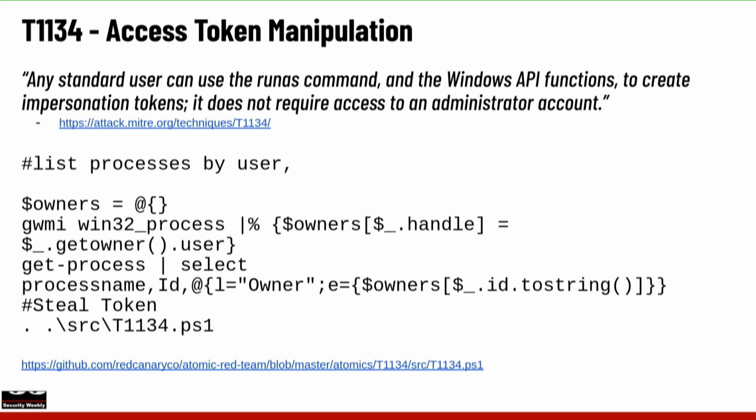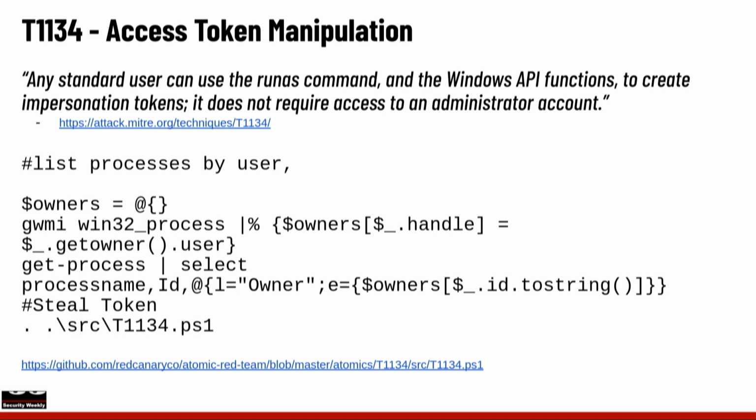So in Windows, any standard user can use the run as command and Windows API functions to create impersonation tokens, right? I mean, that's essentially the run as command: you're impersonating another user. This is fundamental, in a sense, to the way that Windows works and allows for functionality, and doesn't require an administrator account to use the impersonation functionality that exists inside of Windows.